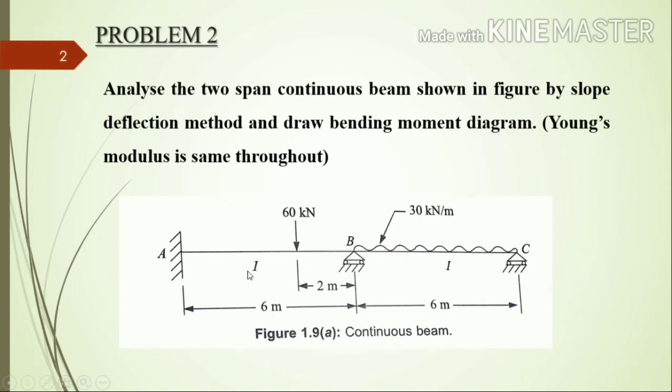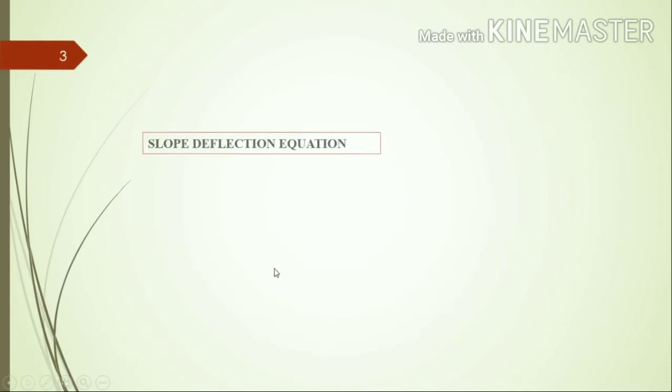The moment of inertia of AB and BC is given as I, and also Young's modulus is same throughout the beam. So first write down the general slope deflection equation.